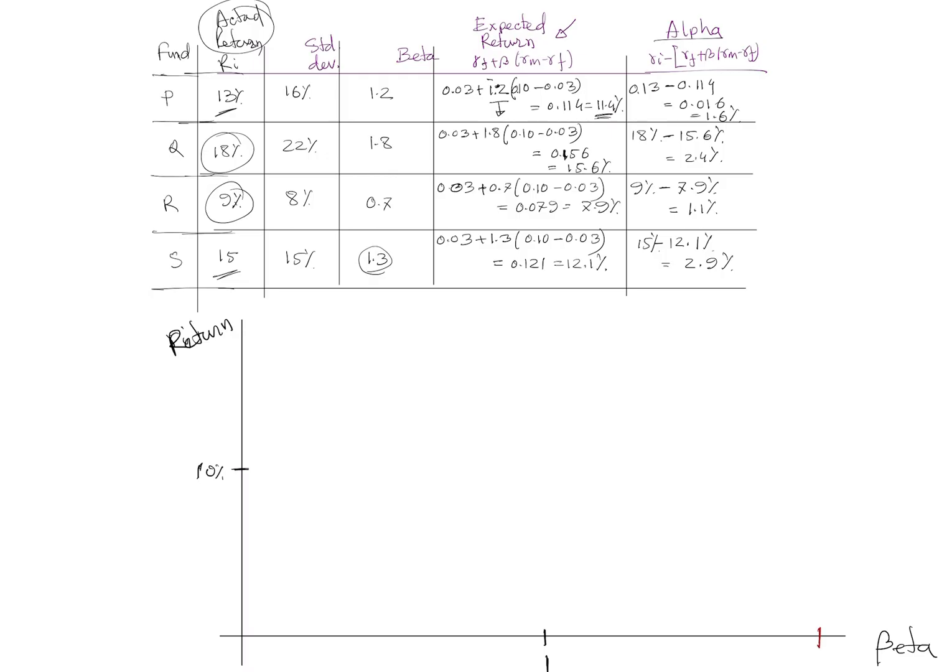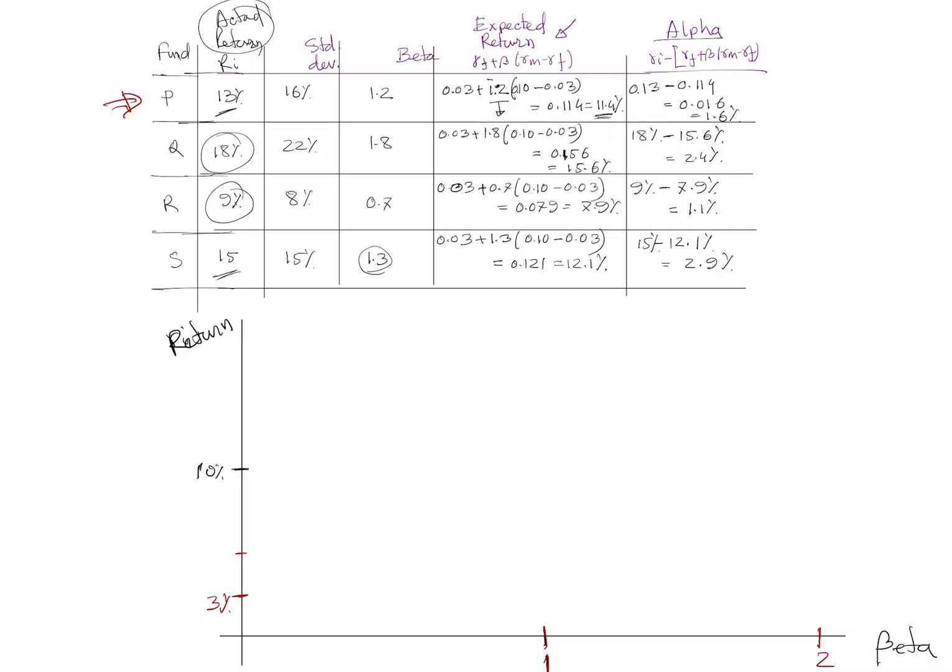So let's say this is 2 and this is 1. So let's plot P. We need to get the expected return. So if this is 10%, we need to have an intercept as well. Let's say it's 2.5, so this is, let's say, 3%. And let's plot it, then you'll get all of these.